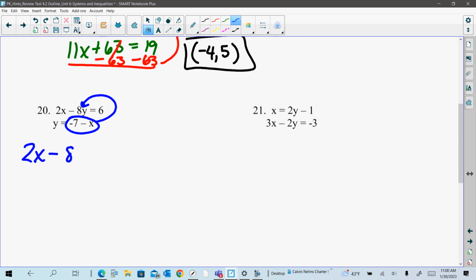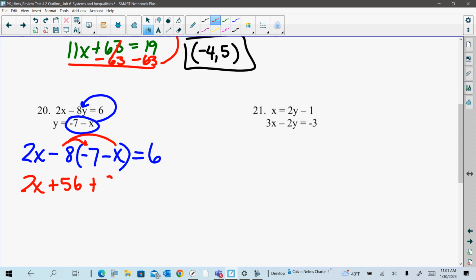2x minus 8 parentheses negative 7 minus x close the parentheses equals 6. So when you distribute 2x, this becomes plus 56. Now plus 8x equals 6. Combine these like terms. 10x plus 56 equals 6.